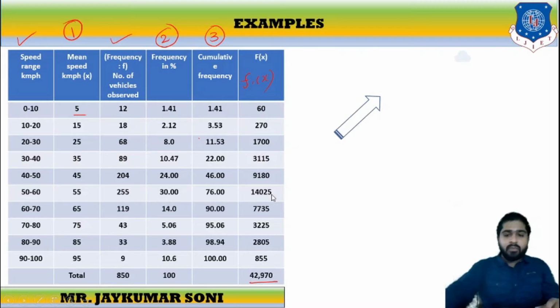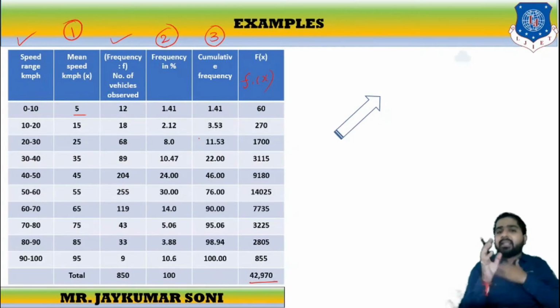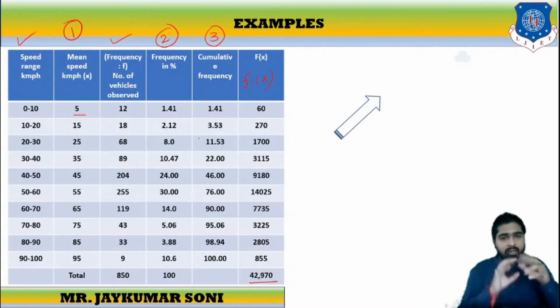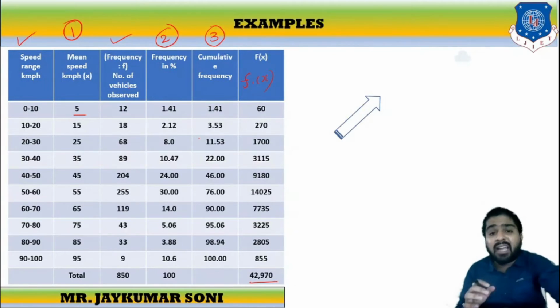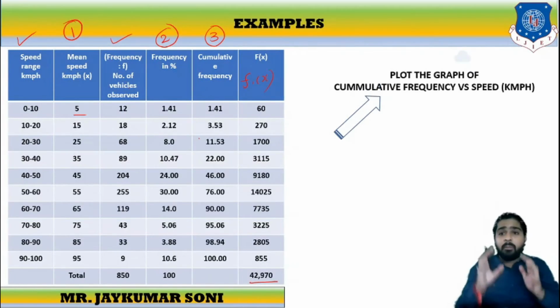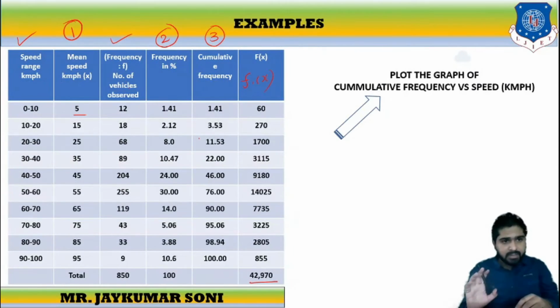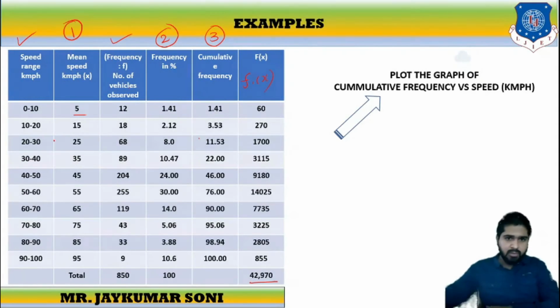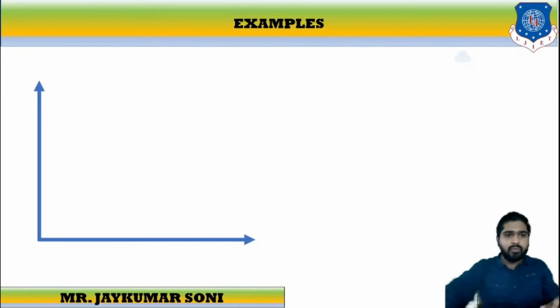After creating this table, I will plot the graph of cumulative frequency versus speed in kmph. I have speed in kmph already, and I have cumulative frequency also, so I will put these values. The graph will be like this.